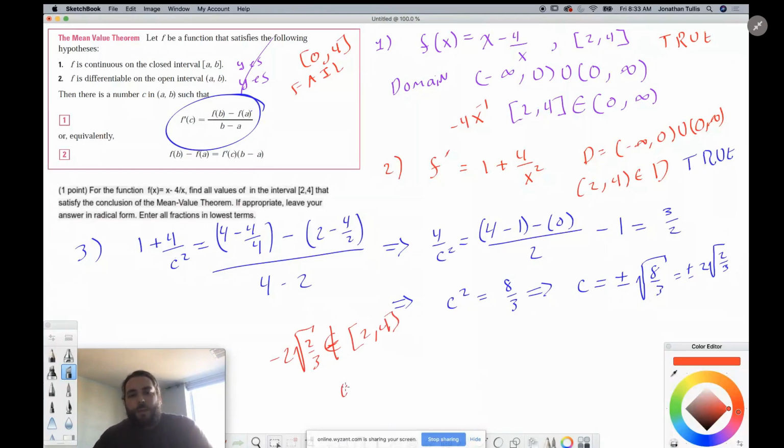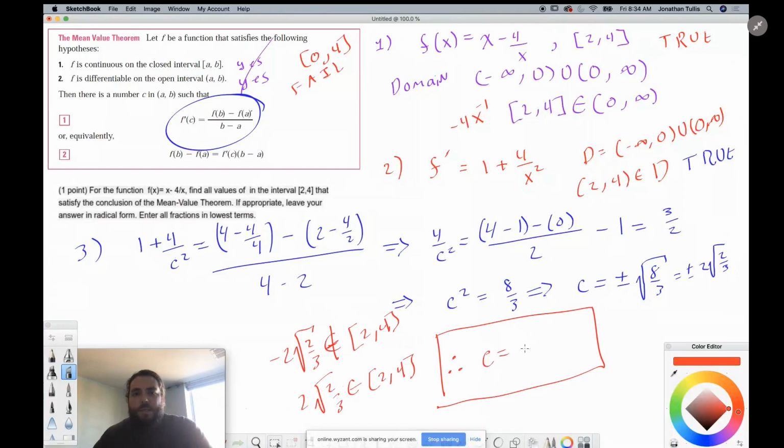But then I'll finalize it here. So final, just do a box here. Okay, this symbol means therefore, and we know that 2 root 2/3 is in 2, 4.